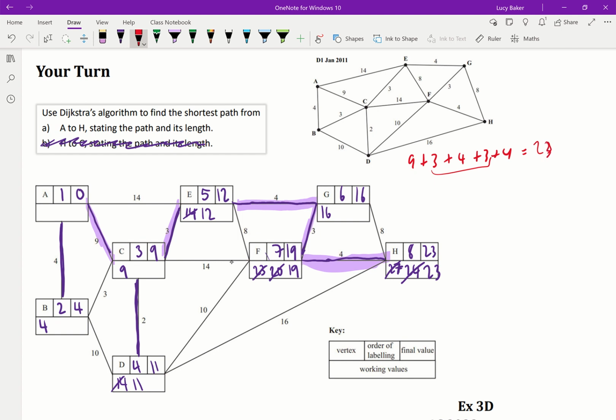So that's just a check to myself. So the path is going to be the one I've highlighted. A, C, E, G, F, H. And the length is going to be 23.